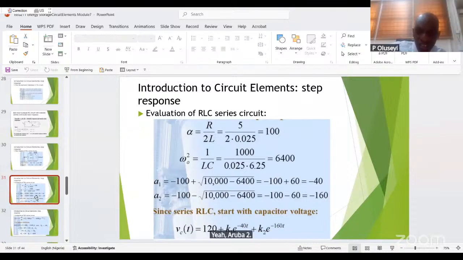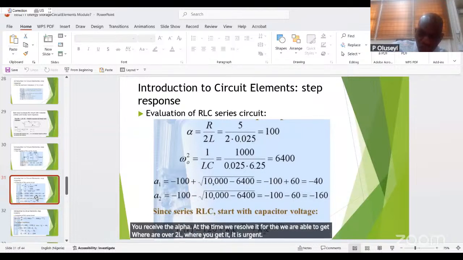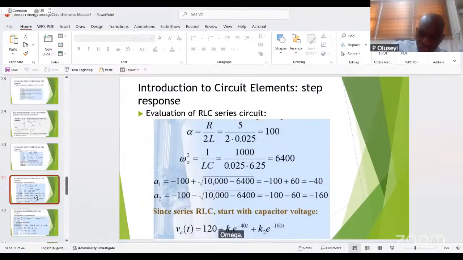On the account of this, if you look at it critically, you will see that alpha is R over 2L, and omega square is 1 over LC.